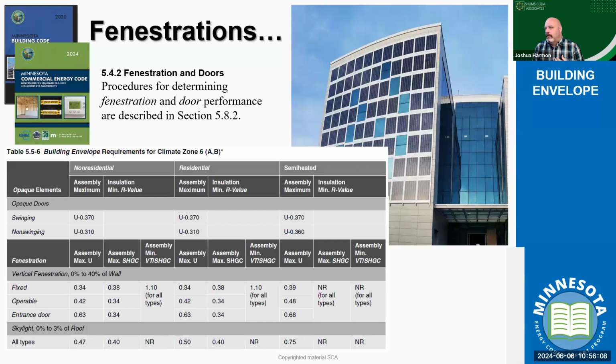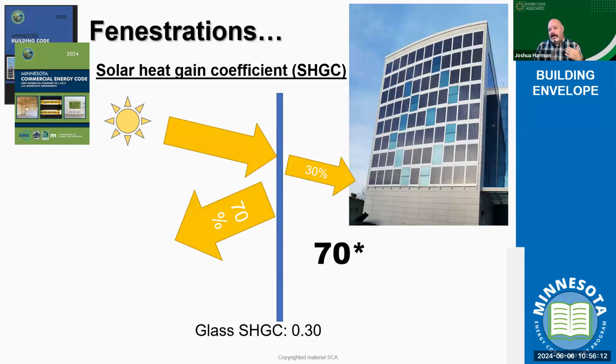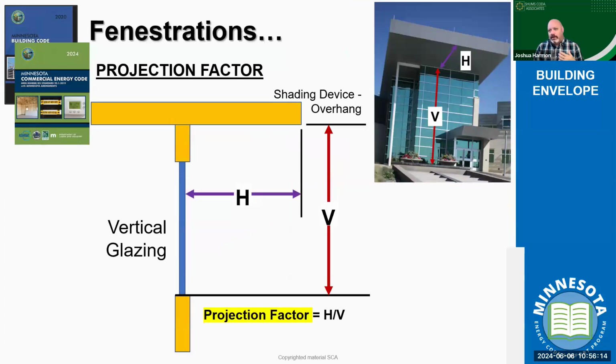When we think about controlling that, I always go back to the concept that the energy code identifies, the projection factor. Sometimes it's easier for me to think about it in old school residential communities. Grandma has a huge wraparound porch because she's trying to keep shade to keep the heat out of the living room.